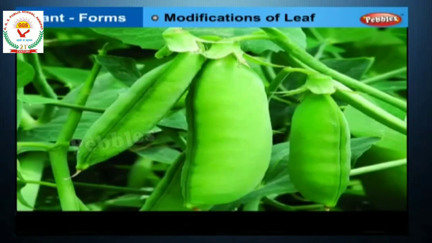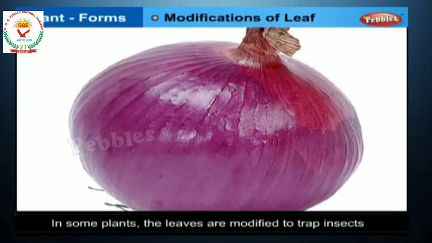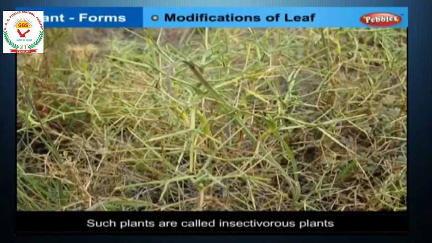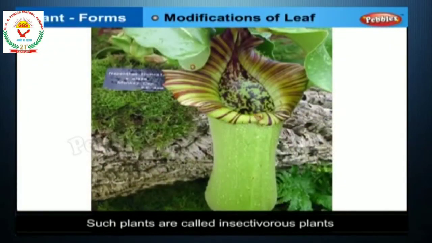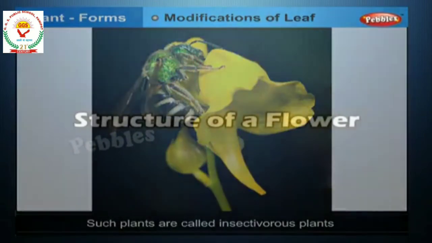These help the plant in climbing. In onions, the fleshy leaves store food material. In some plants, the leaves are modified to trap insects. Such plants are called insectivorous plants. Example, pitcher plant, sundew plants, and bladderwort.